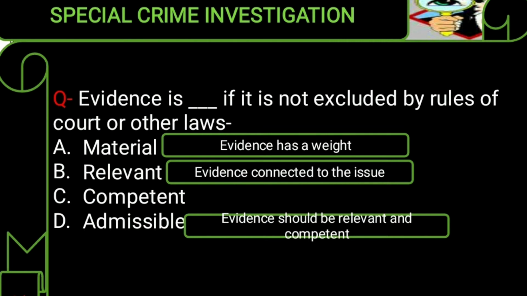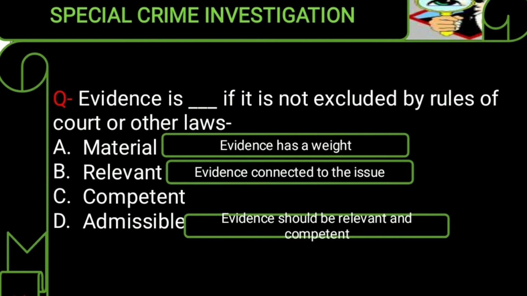Then, relevant, the evidence must be connected to the issue that is under investigation. It must be connected. Then, admissible, the evidence is admissible in court if it is relevant, it is connected to the issue, and it is not excluded by rules.